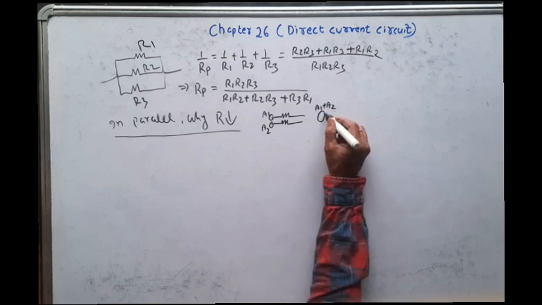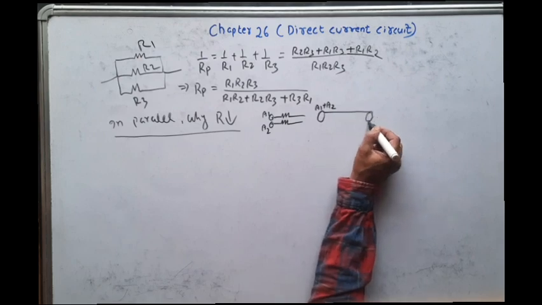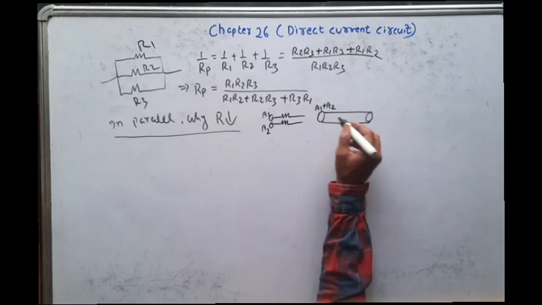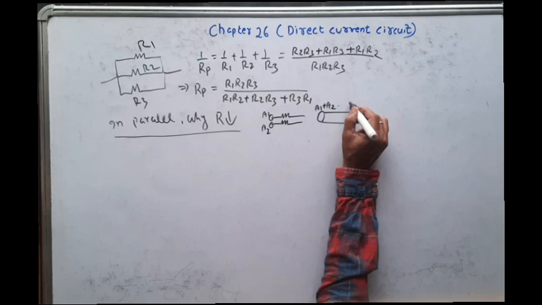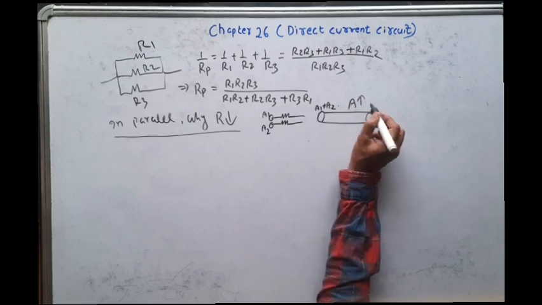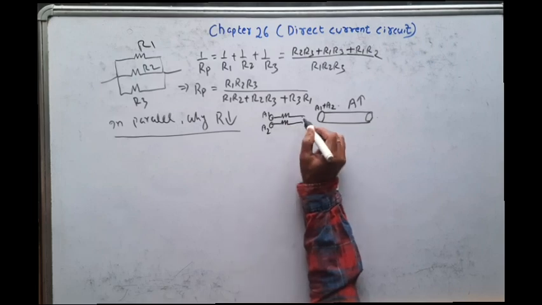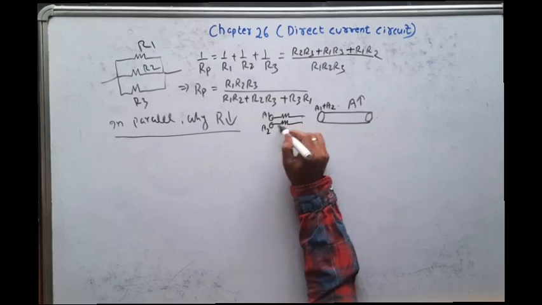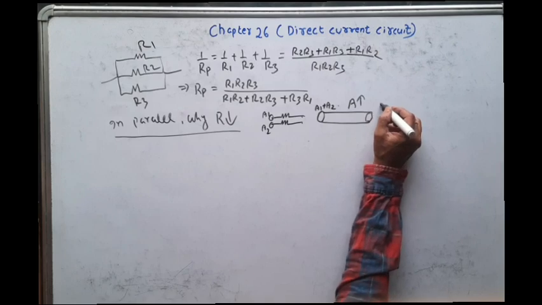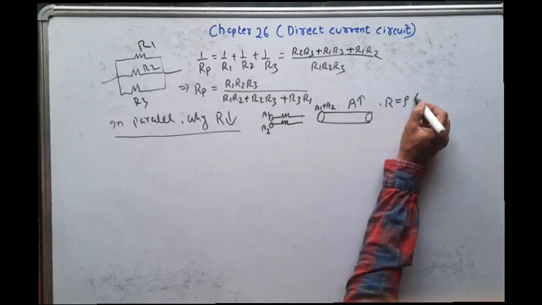So the net area of these two conductors will increase. So the area of cross section will increase, but the length remains the same. Here length L, here length L. So the length L is the same, but the area of cross section increases. So as per the formula, R is equal to rho L by A.